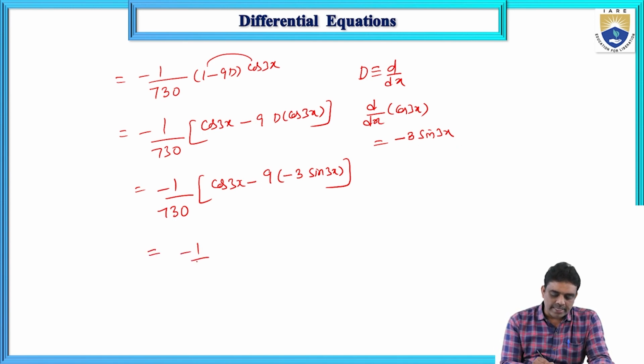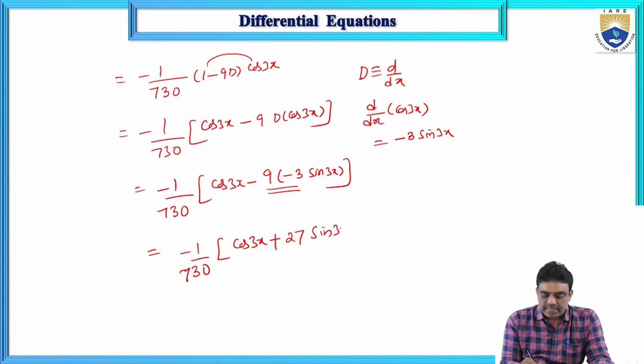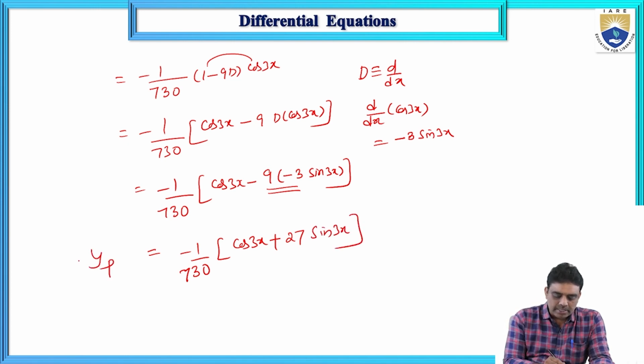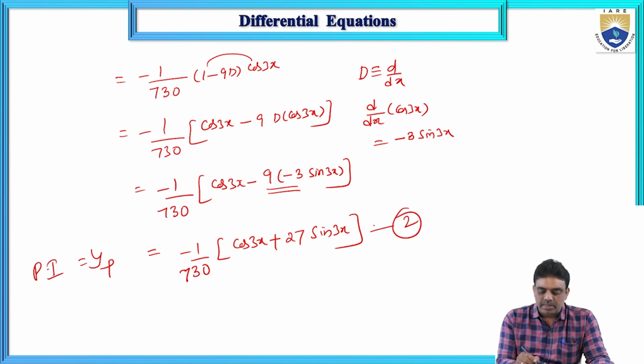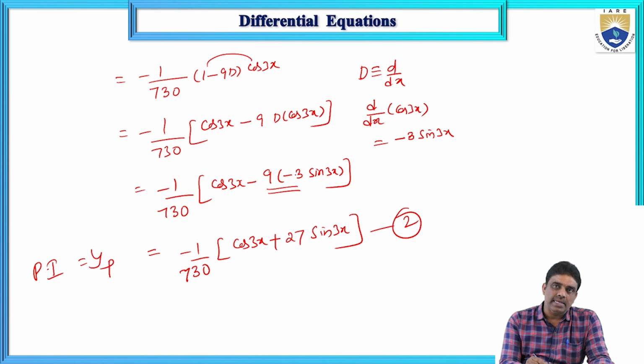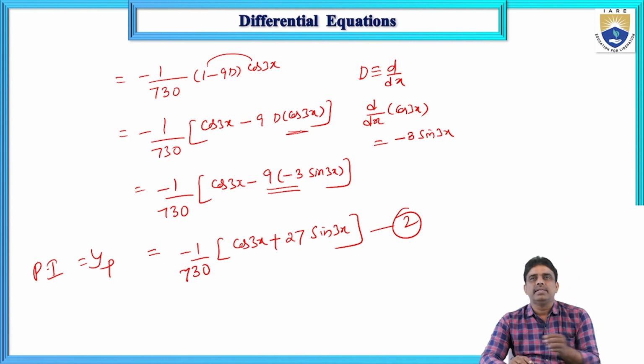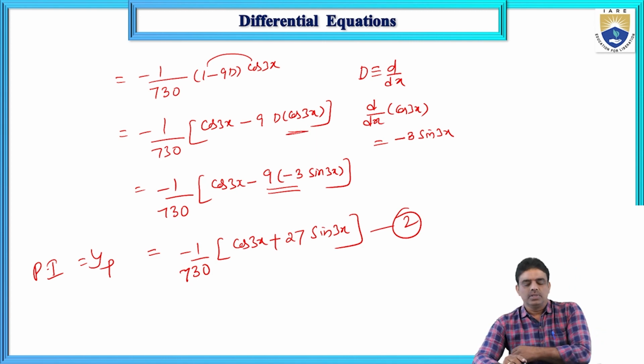So this is equal to minus 1 by 730 of cos 3x plus 9 3s are 27, minus minus plus, of sin 3x. This is the particular integral, or we call it as yp. This is the second part of the solution.